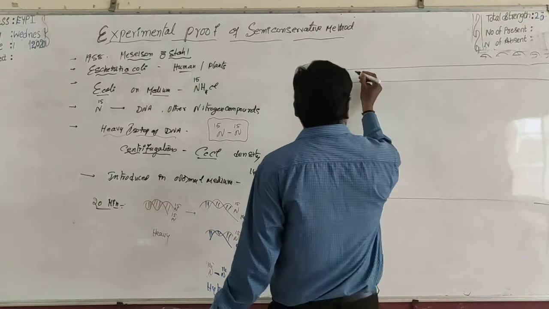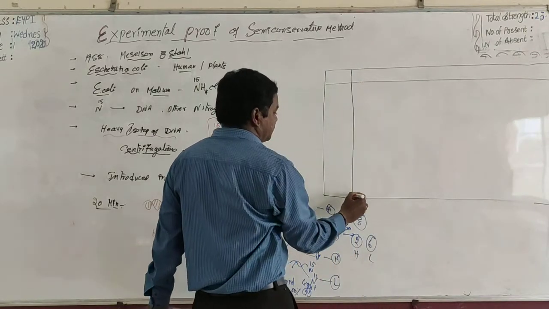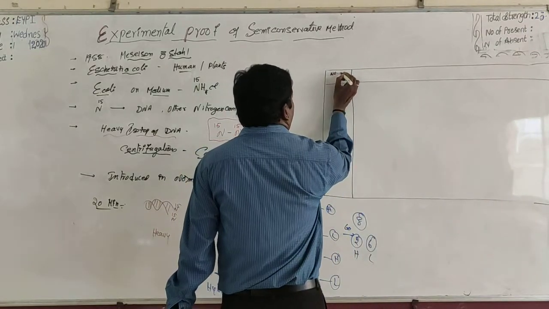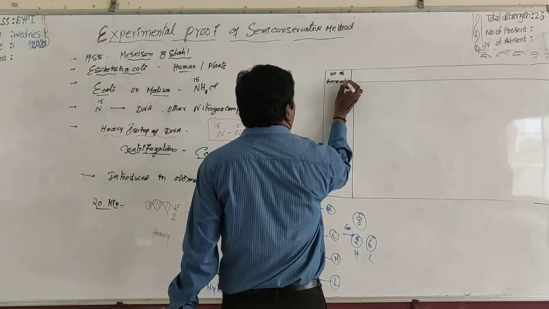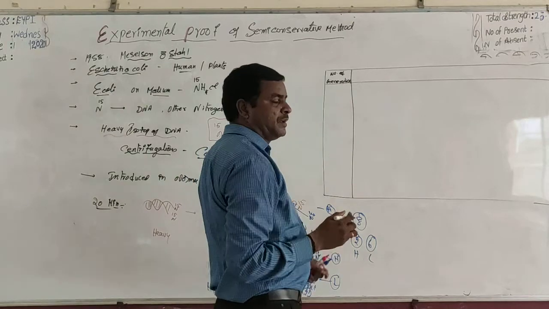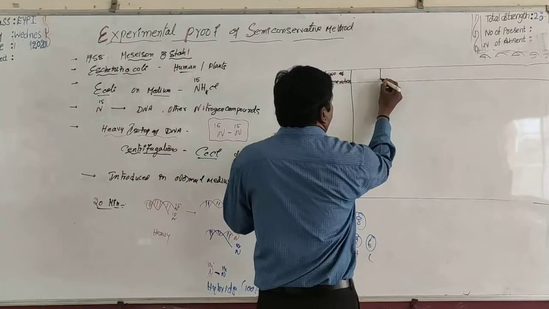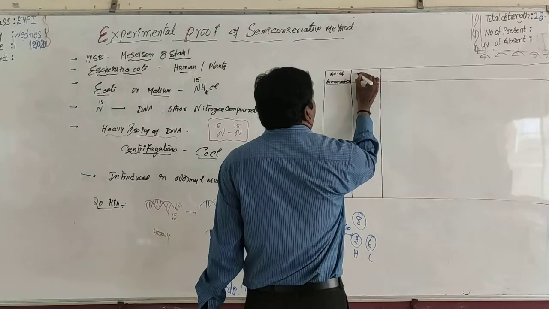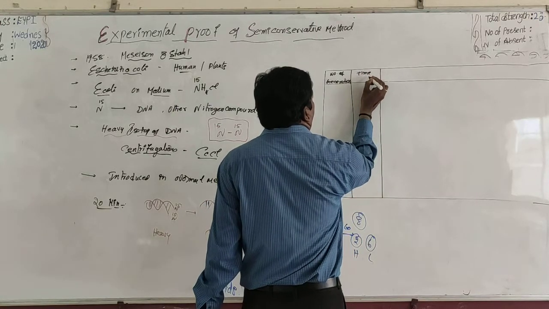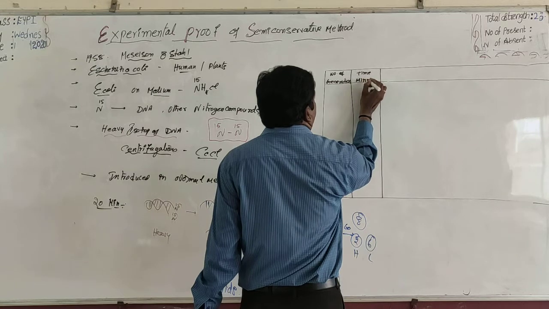First column for number of generations. And second column for time in minutes.